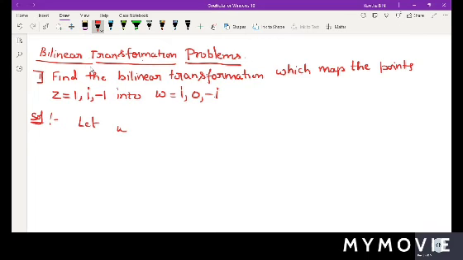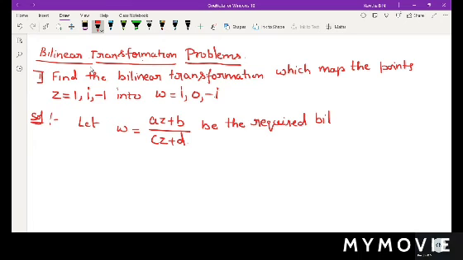Let w is equal to az plus b divided by cz plus d be the required bilinear transformation.